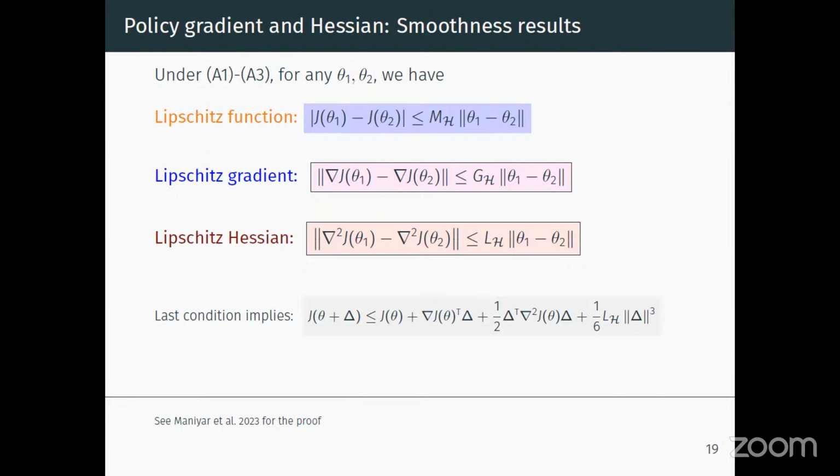In fact, usually this result leads to the classic alternative way of writing smoothness, where you replace this by an L squared or something like that. So, this kind of Lipschitz Hessian leads to a cubic expression like this. I want people to hopefully remember that there's a cubic expression here, because the algorithm that we are going to come up with, cubic regularized, is based on solving a model like this.